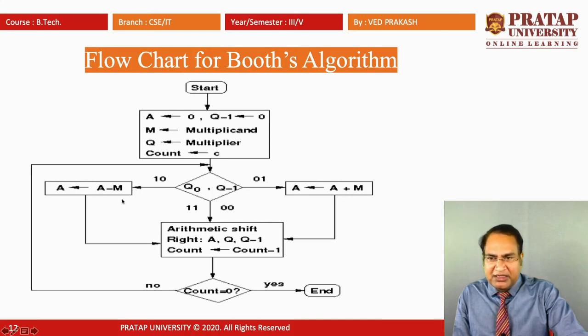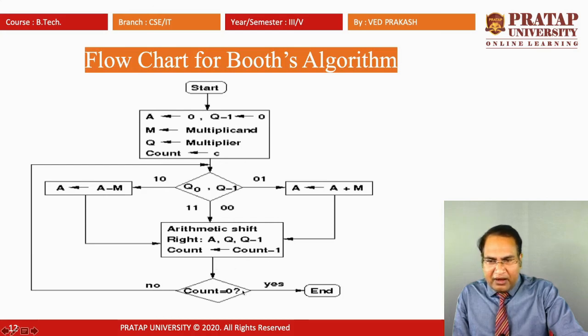After performing this subtraction operation, we shift the result with an arithmetic shift right on A, Q and Q1, and after performing this shifting we reduce the counter value by 1, and again we check the value of the counter.